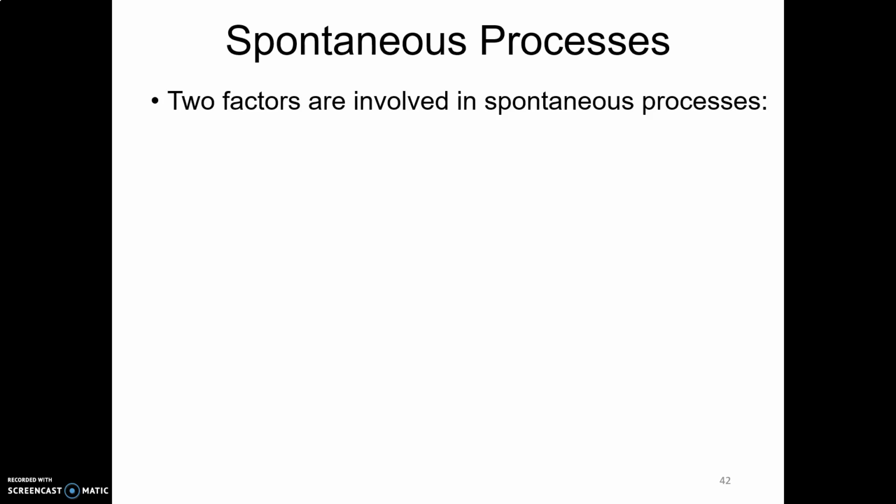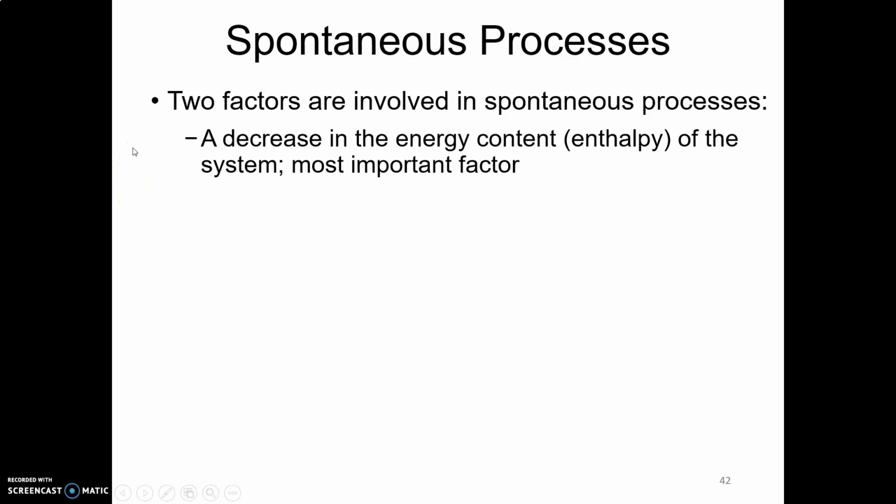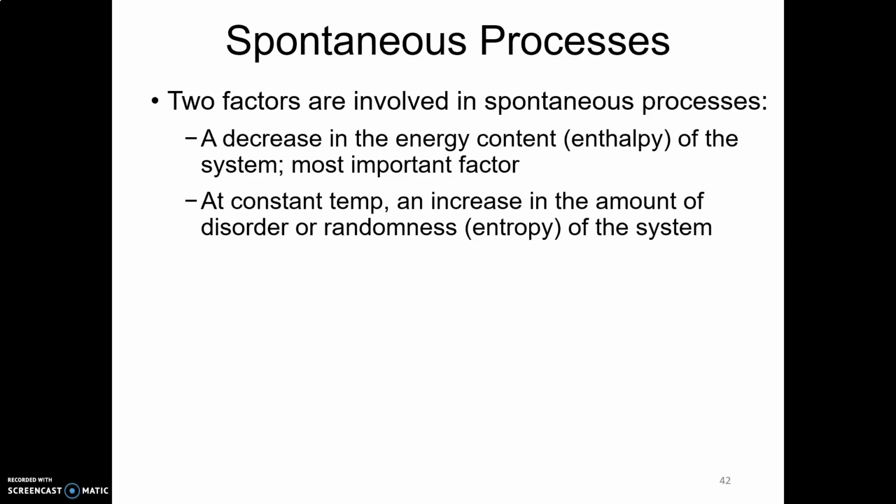So we've talked about the fact that there are two factors involved in a spontaneous process, both enthalpy and entropy, right? Enthalpy is the most important. If it's exothermic, then it should be spontaneous. If it's endothermic, then you need an increase of entropy to make it spontaneous. But here's the deal.